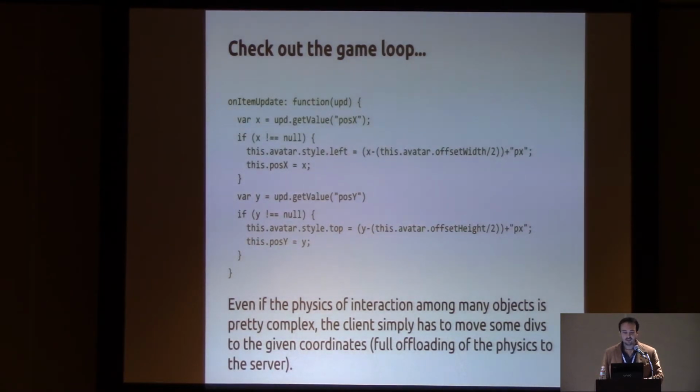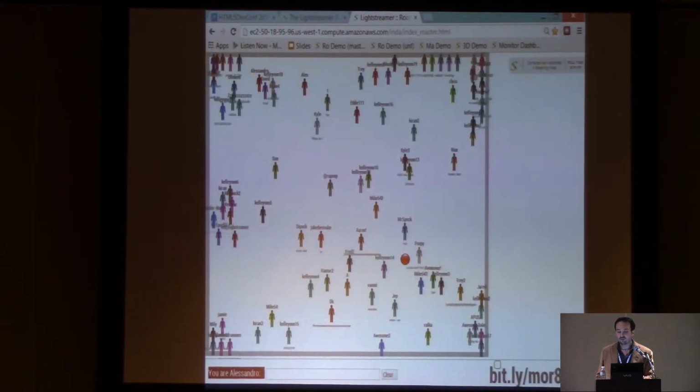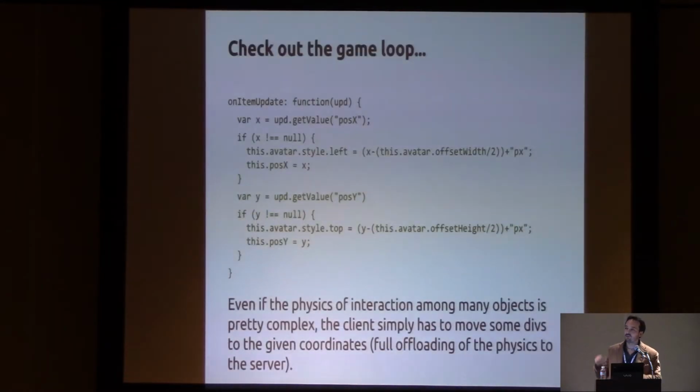You see here we have a callback on item update. We receive this object update. We extract the x coordinate and the y coordinate, and we simply change the position in the page with a simple calculation in order to center it based on the upper left corner, etc., etc. And when you're playing with this stuff, the only code that is executed is this one, apart from the other part of code which sends your own movements to the server.